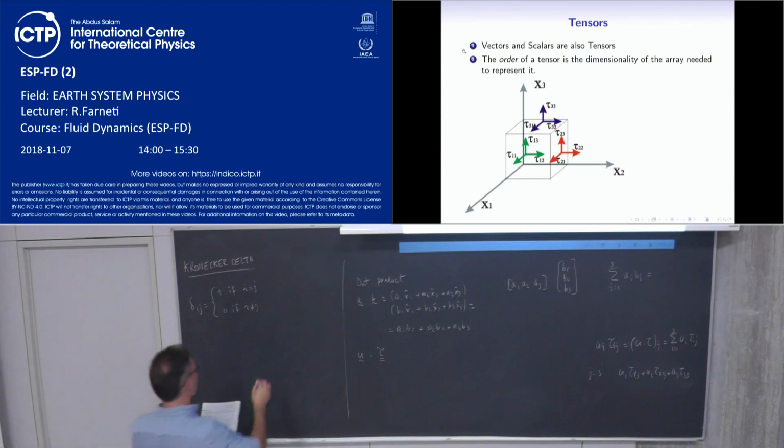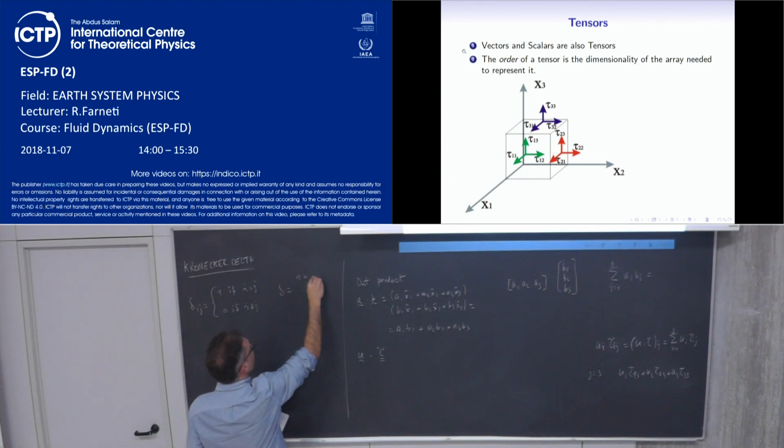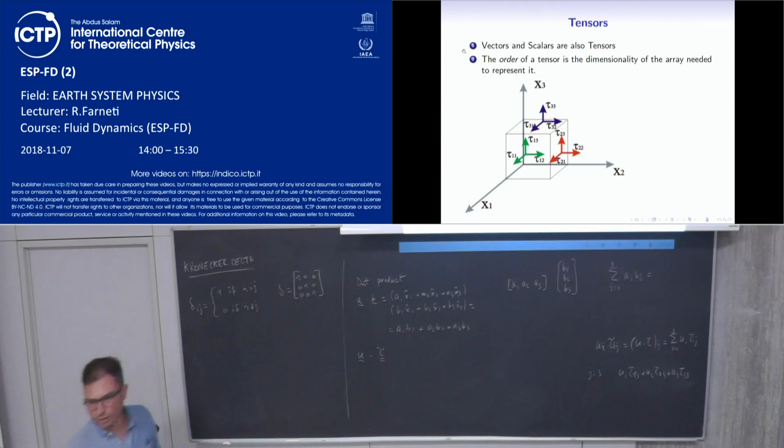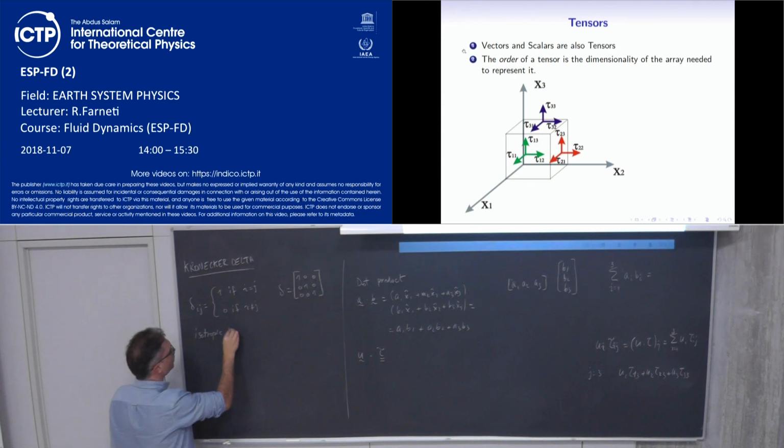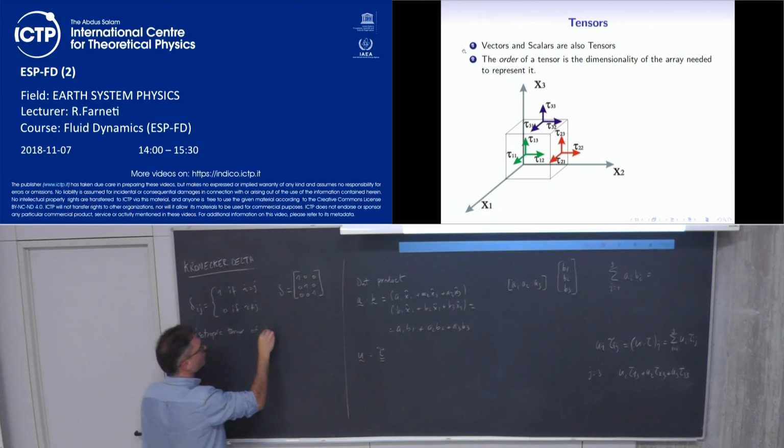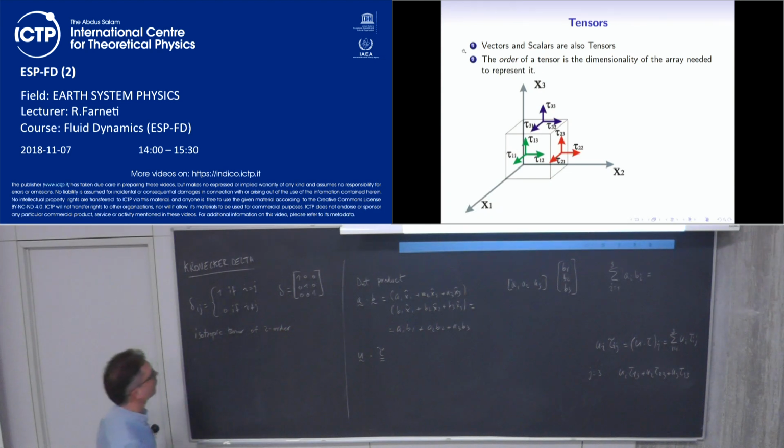And in matrix notation, you have this. This is my Kronecker delta. And the Kronecker delta is the only isotropic tensor of second order. It's very useful when you write down your equations in tensor notation because it has some nice properties. For example, this is equal to this. So basically you have the Kronecker delta, and that allows you to switch the indices.